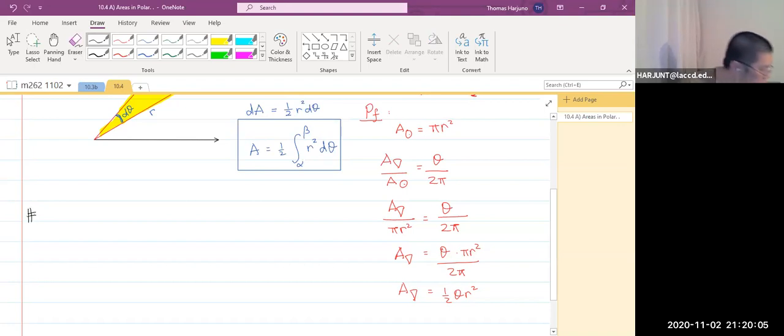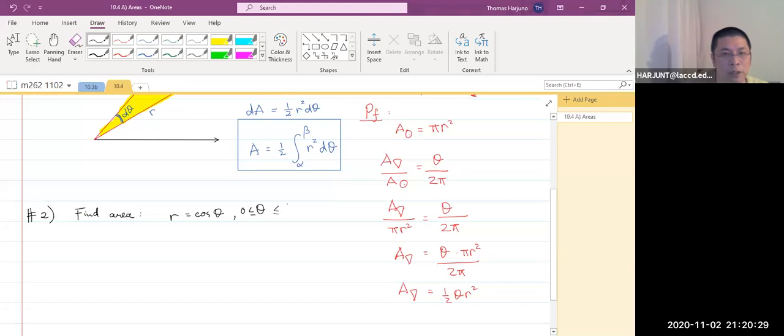Problem number 2. Find the area bounded by r equals cosine theta, where theta is from 0 to pi over 6. r equals cosine theta means the center is 1/2, 0, with radius 1/2.